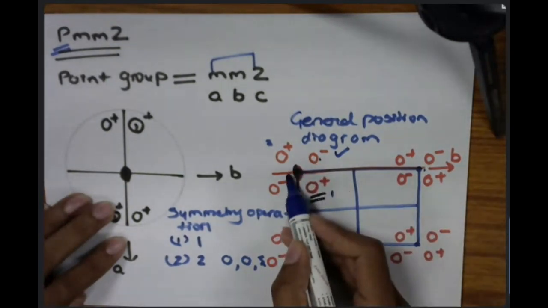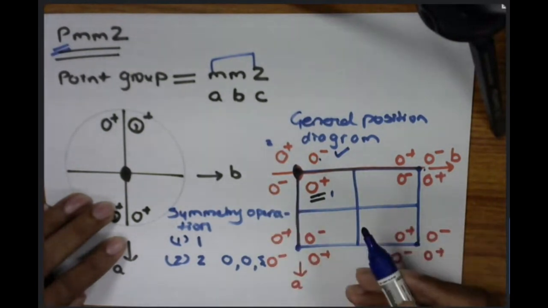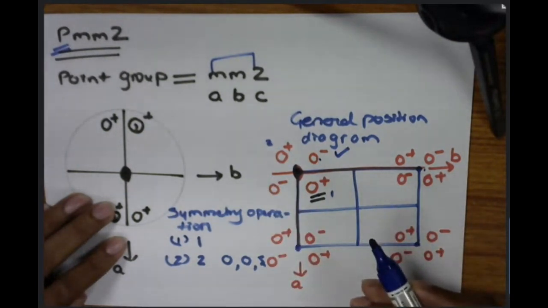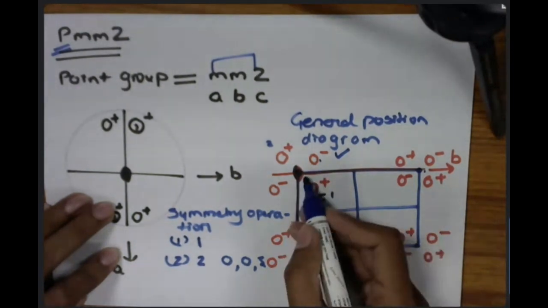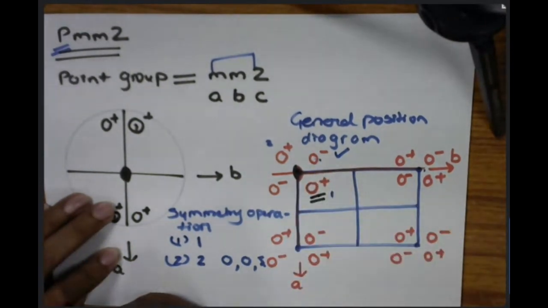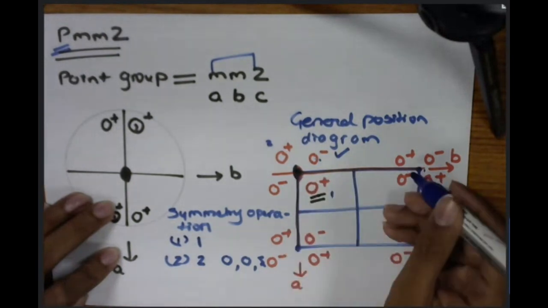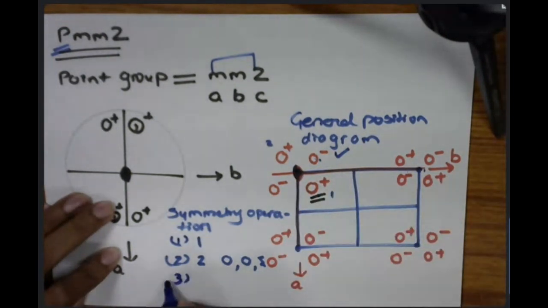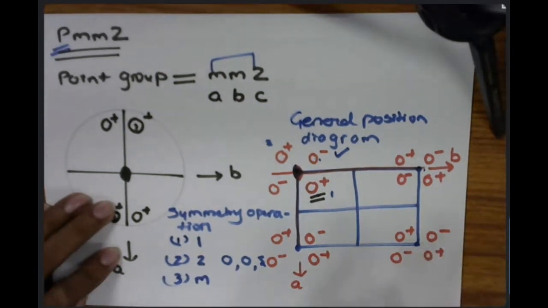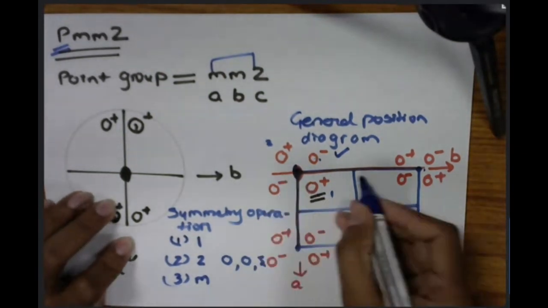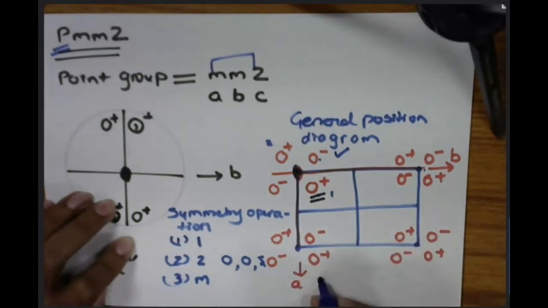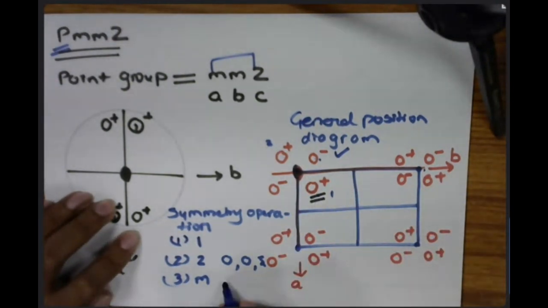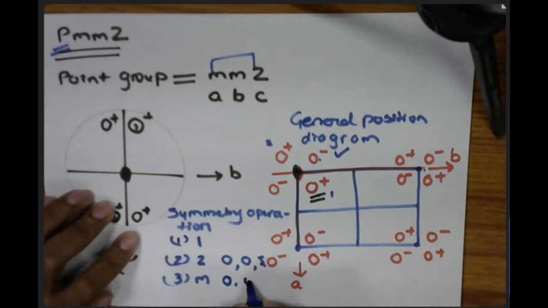There is a mirror, this particular mirror, and that will produce this particular point. So how to write this particular mirror? So third thing is that there is a mirror. We got to know that yes, there is a mirror, but what is the position of this particular mirror? Since this mirror is perpendicular to the x-axis, perpendicular to A, it will be written as x coordinate will be 0, y coordinate will be something, and z coordinate will be something.